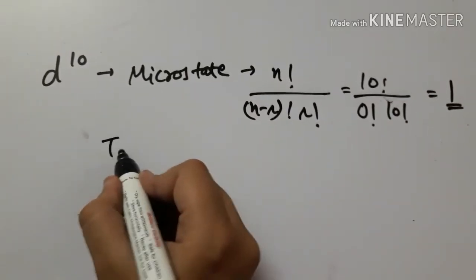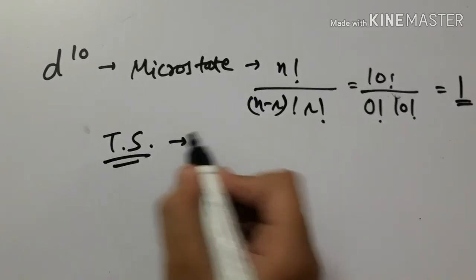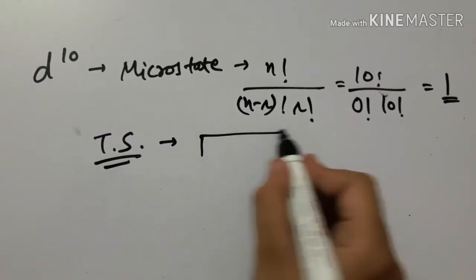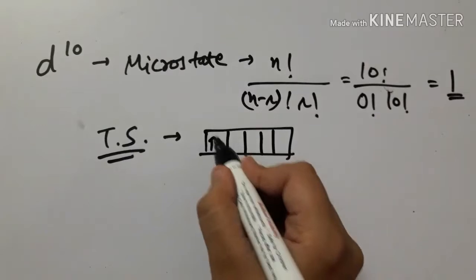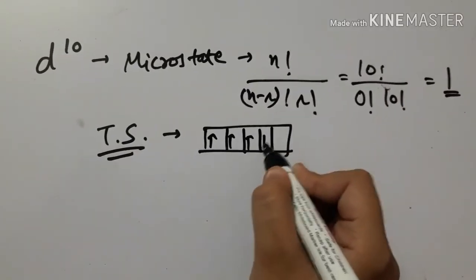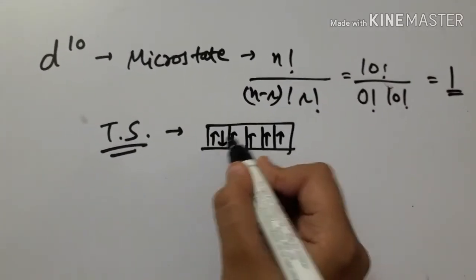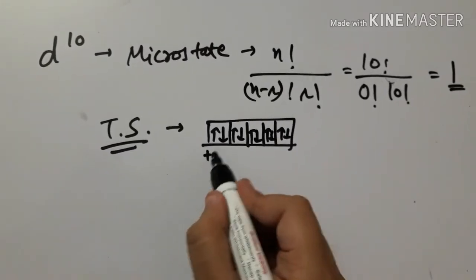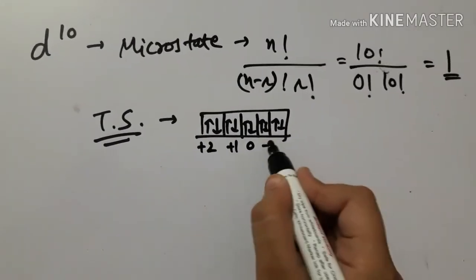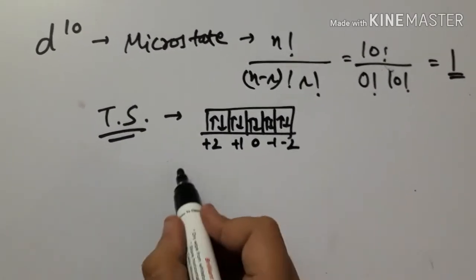Now the term symbol can be found out as 1, 2, 3, 4 and 5, 6, 7, 8, 9 and 10, plus 2, plus 1, 0, minus 1 and minus 2.